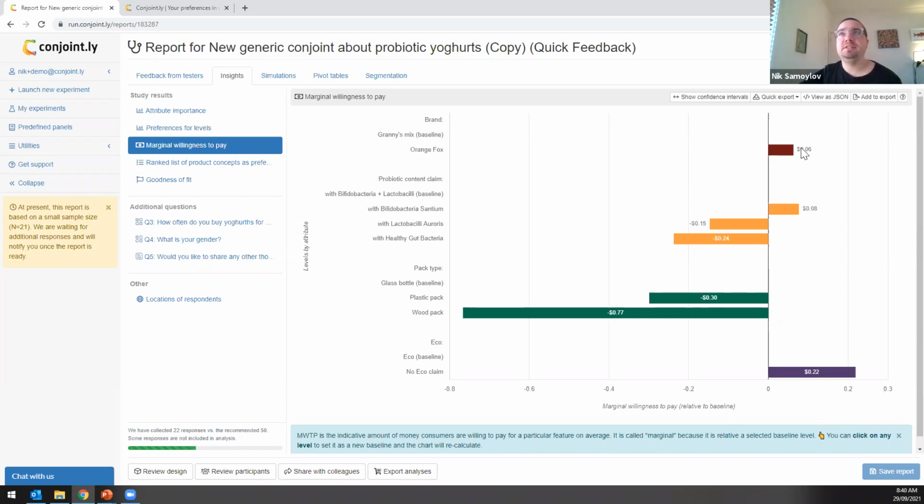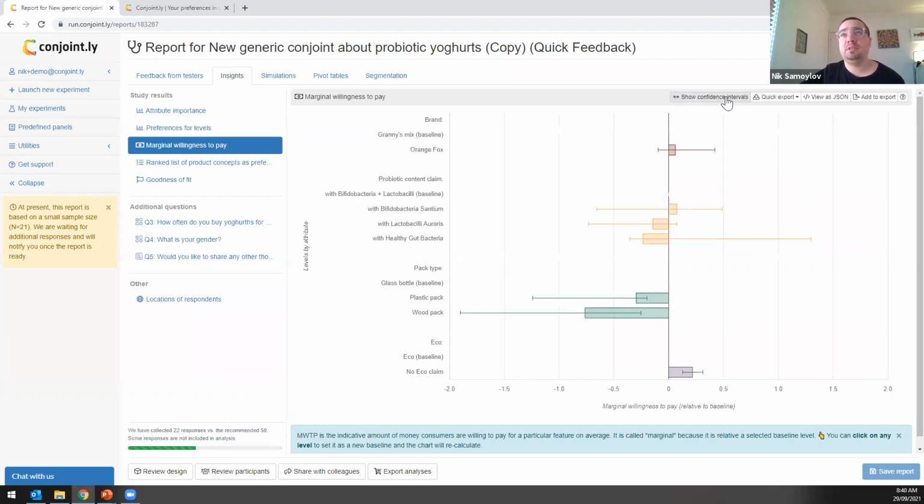And then we can see that they're willing to pay 6 cents more for Orange Fox relative to Granny's Mix. If we set Bifidobacteria plus Lactobacilli as the baseline, then for the Bifidobacteria santium, they're willing to pay 8 cents more, and so on.